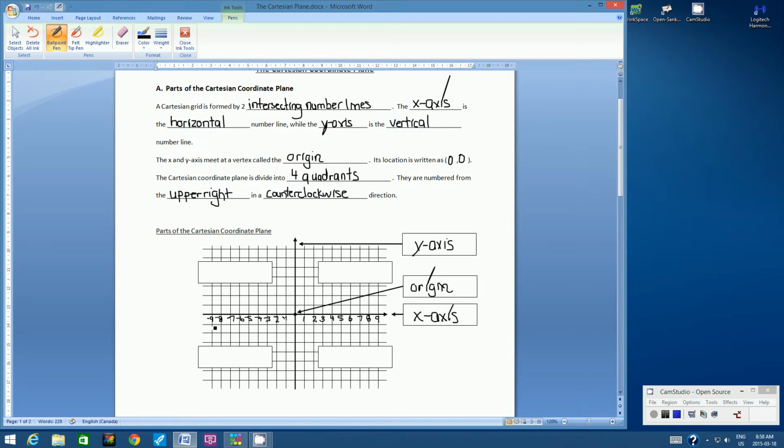Hopefully yours looks a lot neater than mine. Now let's label the y-axis. As we move upwards from 0, our numbers increase on the positive side: 1, 2, 3. This grid can fit up to +7. As we move downwards, our numbers are negative.